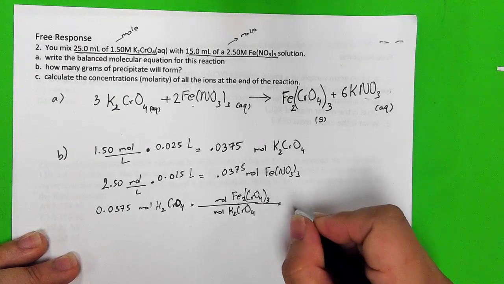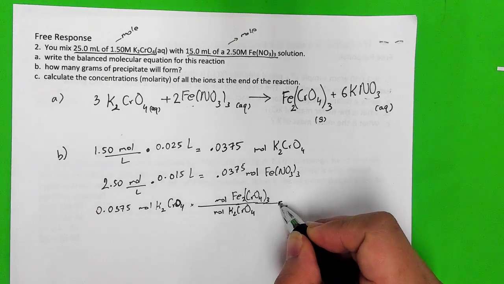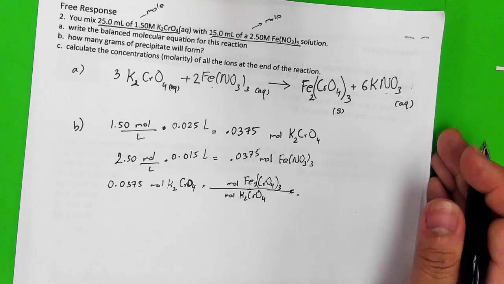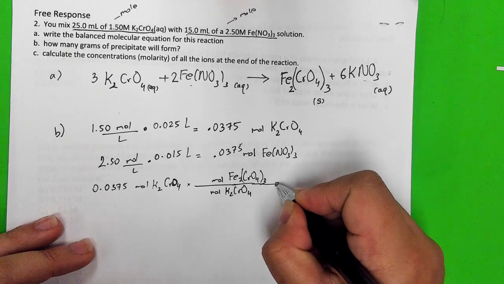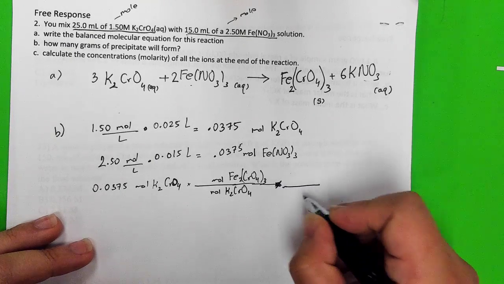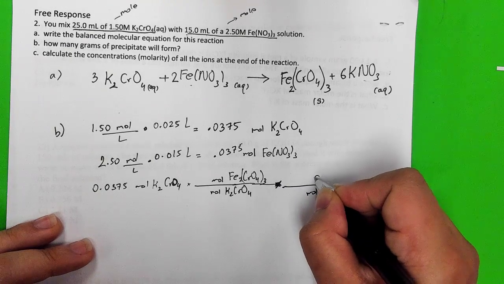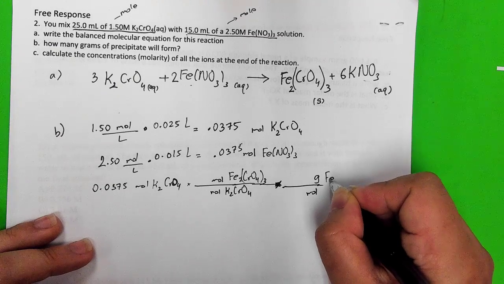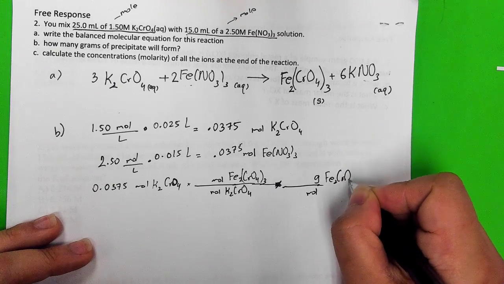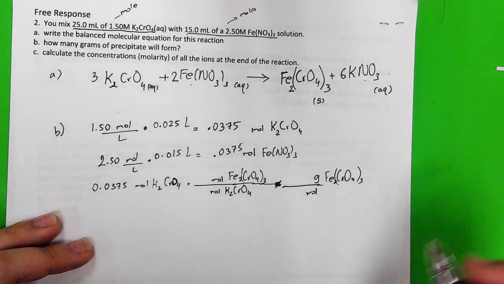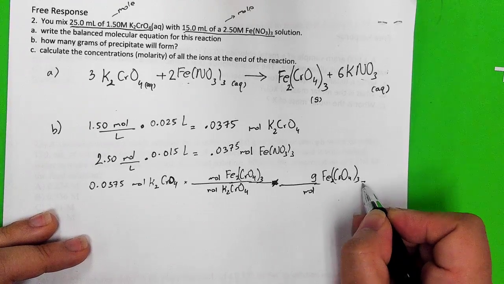And then grams, because they want grams. You can leave it in moles and find grams later, or you can continue, so I'm going to just go ahead and find grams. Times moles, grams. Remember, this is Fe2(CrO4)3.